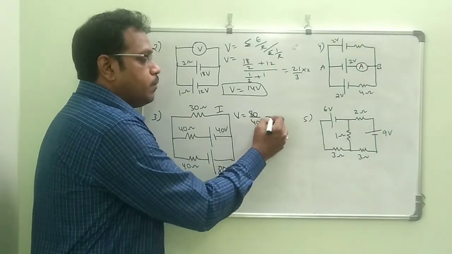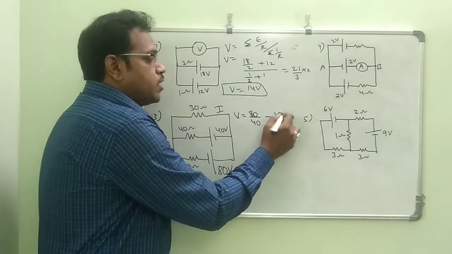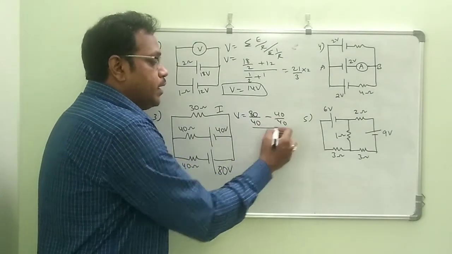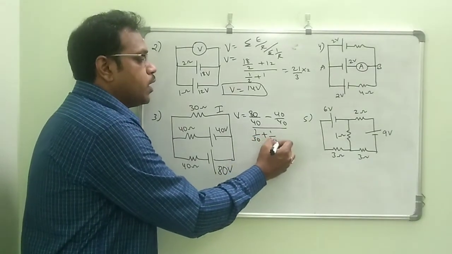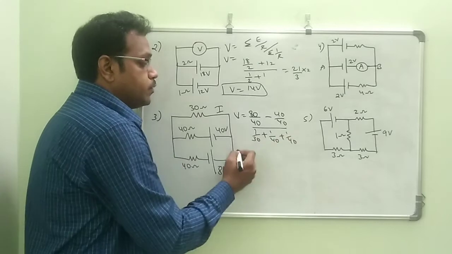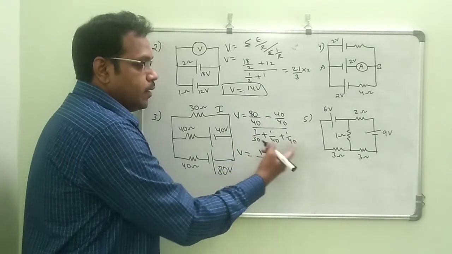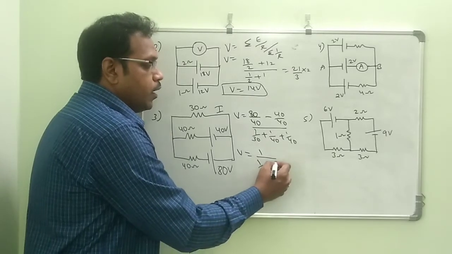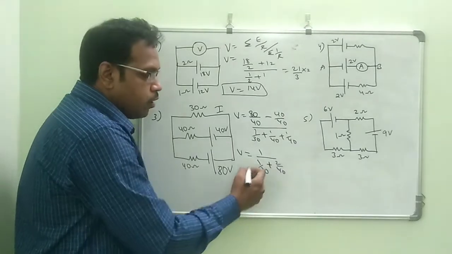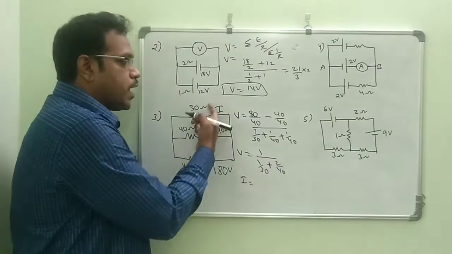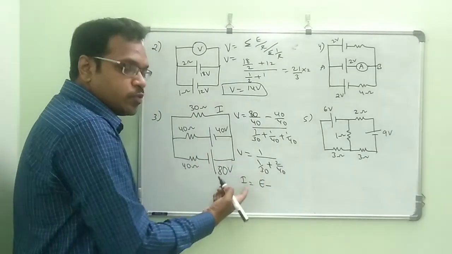Which is bigger? So V is equal to bigger, 80 by 40 minus 40 by 40, minus because of opposite polarity, over 1 by 30, 1 by 40, 1 by 40. So V is equal to 2 minus 1, over 1 by 30, 2 by 40. Solve this one, and I is equal to, in this branch you want, so E minus V, but E is not there here, so E plus we can keep 0.